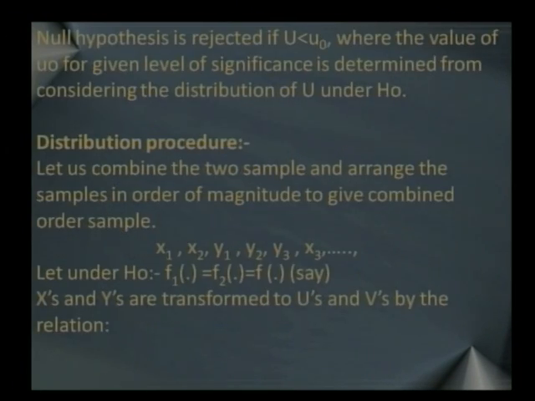Then comes the distribution procedure. We reject the null hypothesis if u is less than u0, where the value of u0 for a given level of significance is determined by considering the distribution of u under H0. The distribution procedure is given to you, and I think we will discuss this in the next session.